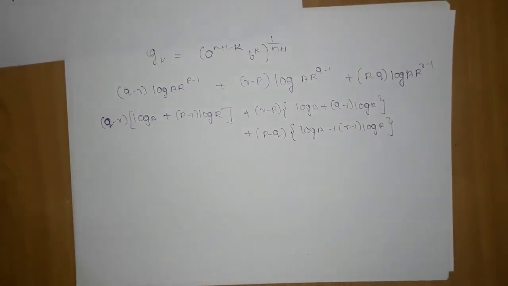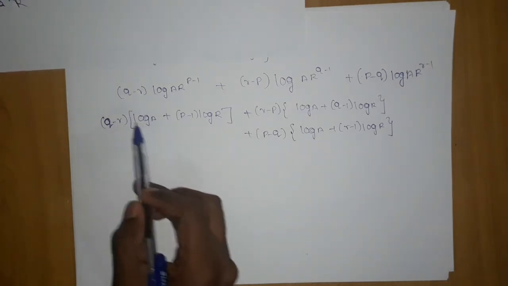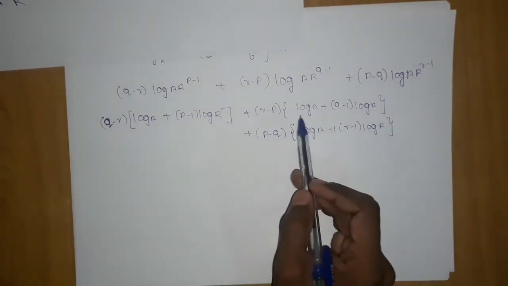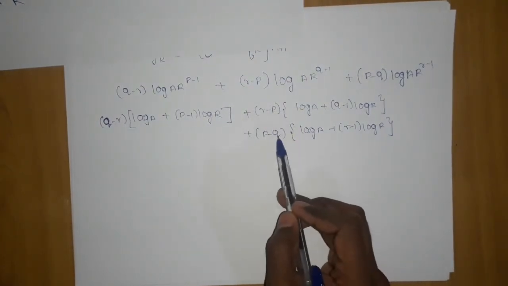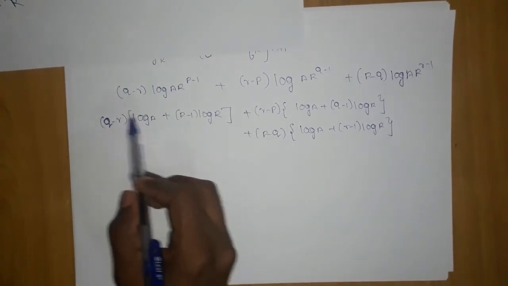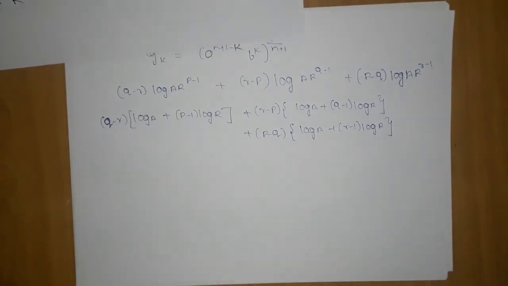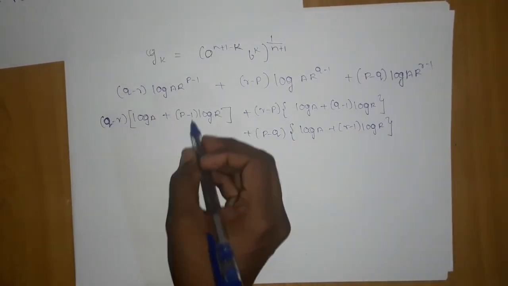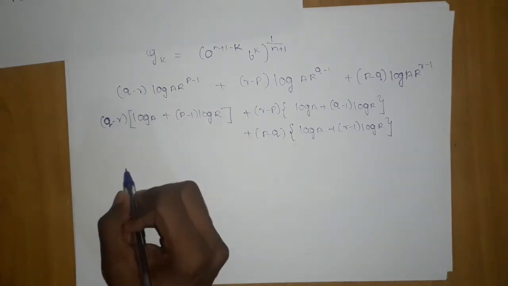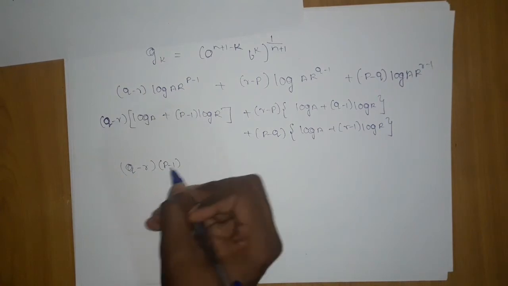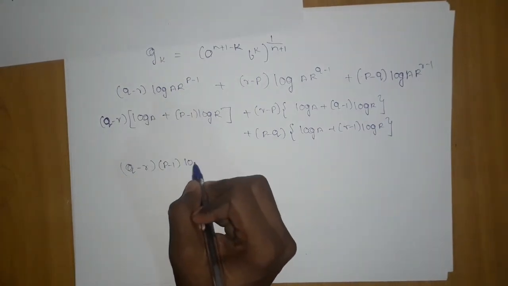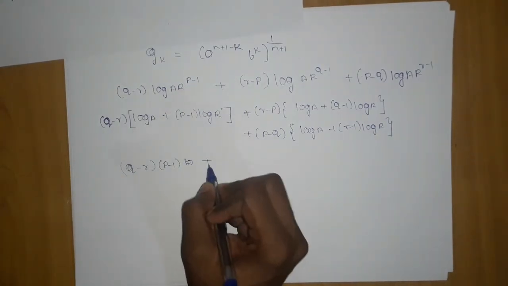Now we will use our aptitude thing. To reduce our calculation, log a into p minus q, log a into minus r, log a into plus r, log a into minus p minus q. You can see these all terms are getting cancelled out, so why calculate them? Similarly, now let's jump onto the calculation of this: q minus r into p minus 1. This term is the same in all, so I can take it as common.